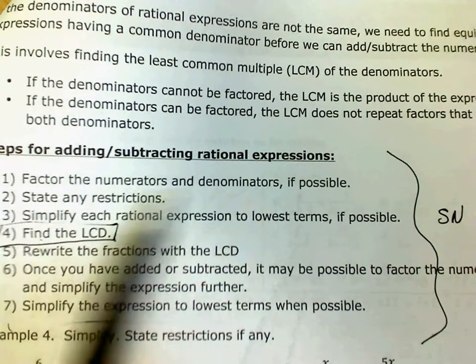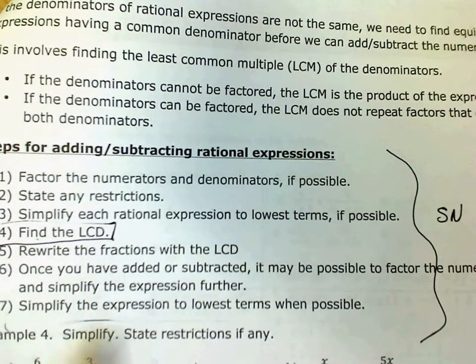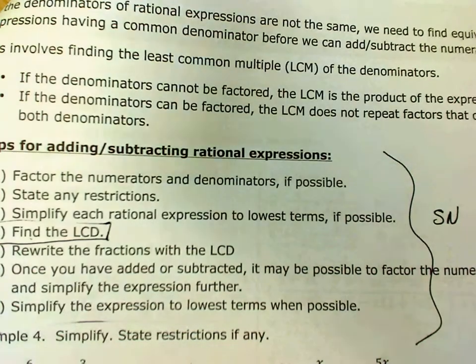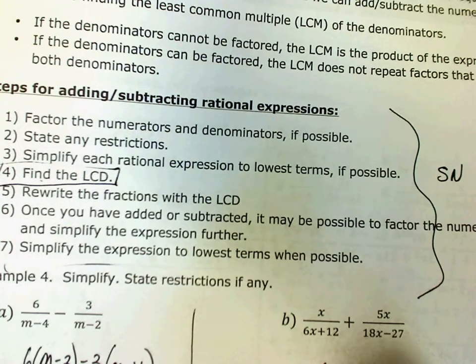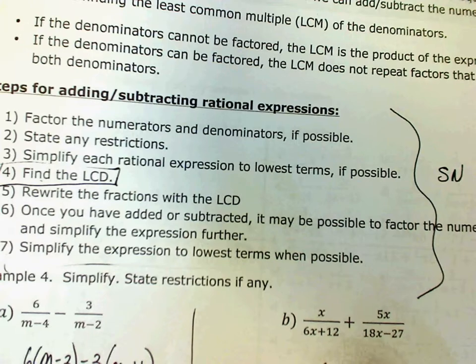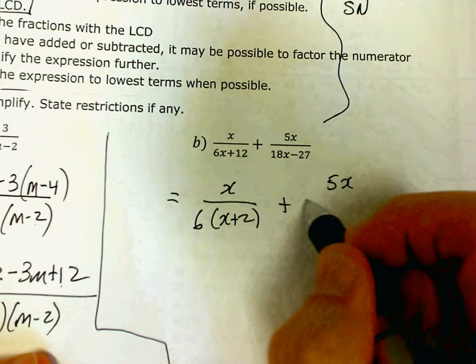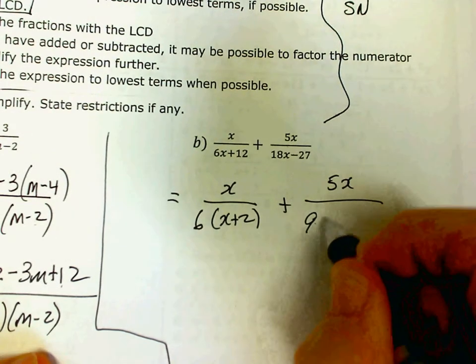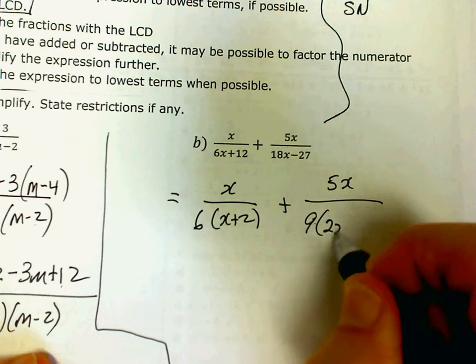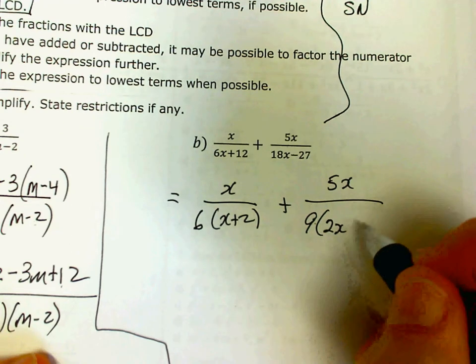Here there was nothing to factor, but here we have to factor. It might make our life easier. So this is going to be 6 times x plus 2 plus 5x all over 9 times 2x minus 3.